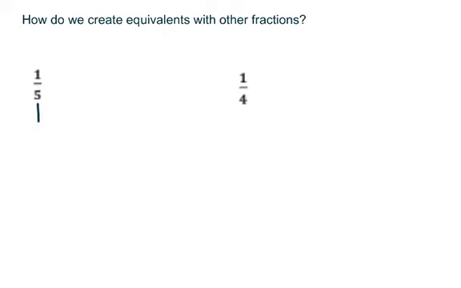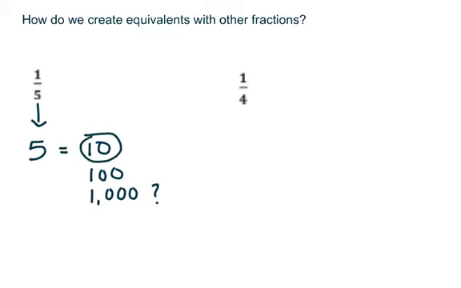This denominator is 5, and I want to know, can I get 5 to equal 10, to equal 100, or to equal 1,000? Well, which one is easiest for me? I think that's going to be 10.